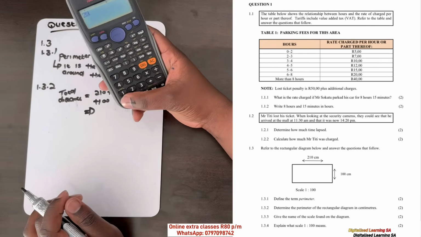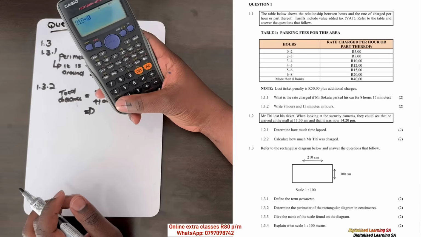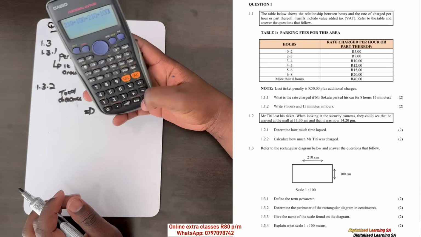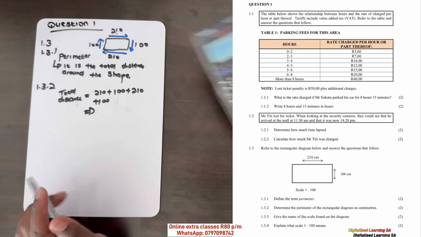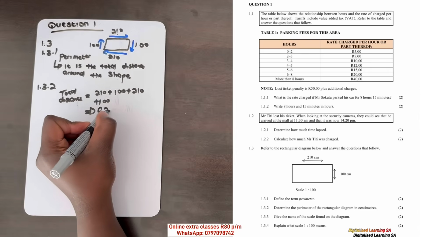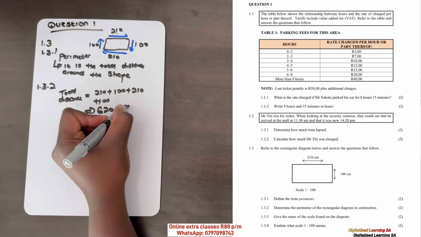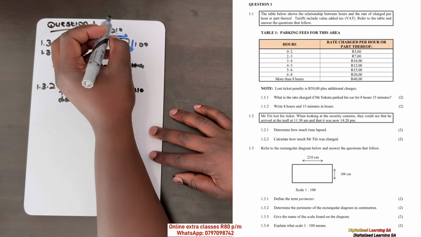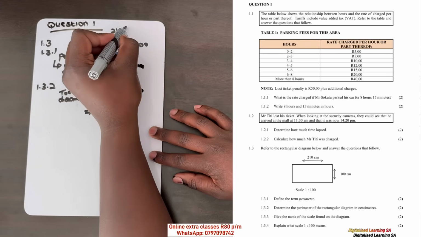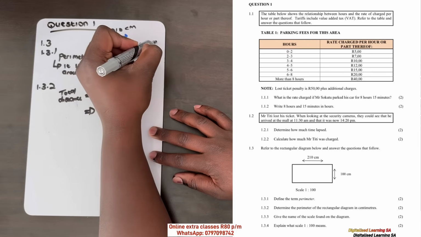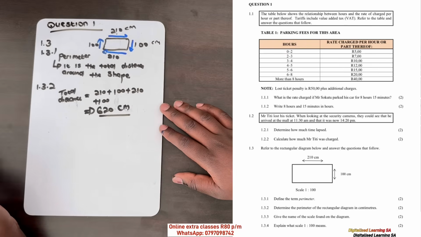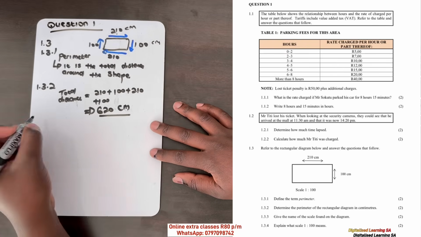So our perimeter will be 620 centimeters. Remember, we are told to write it in centimeters because our distances are given in centimeters. Okay, so now let's move to the next question, which is question 1.3.3.